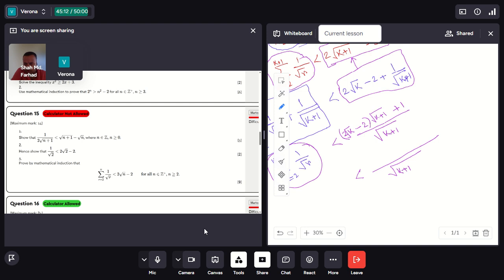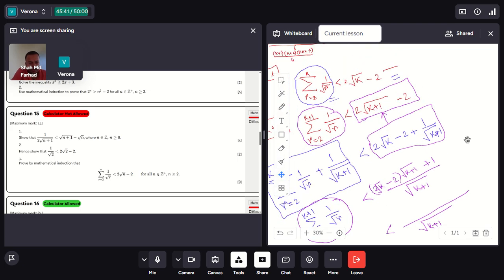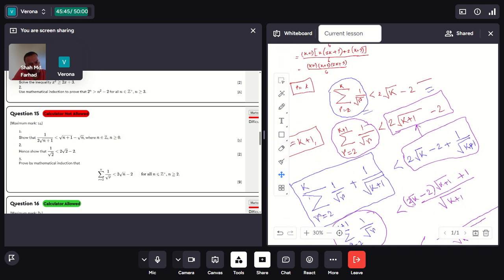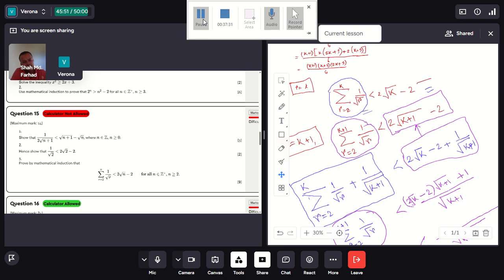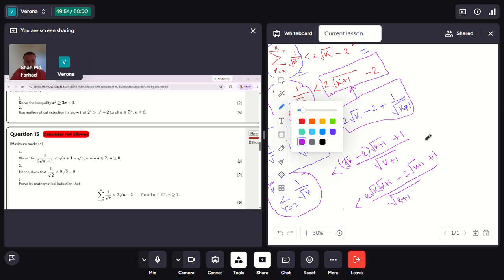Here they used 1a, that means question number 1. Since 1 over 2 root n plus 1 is less than root n plus 1 minus root n.